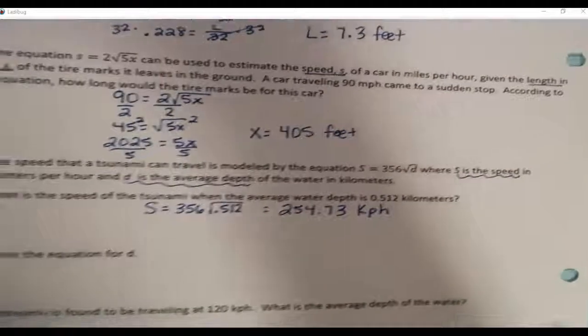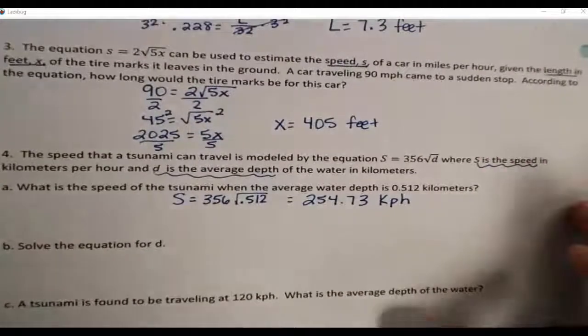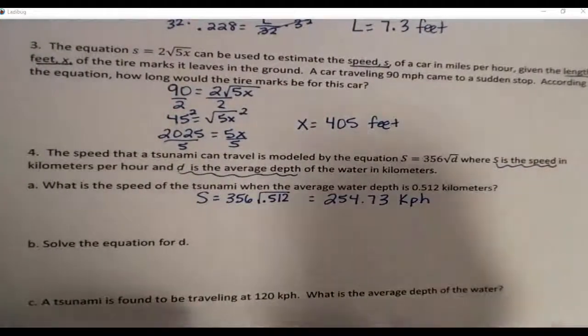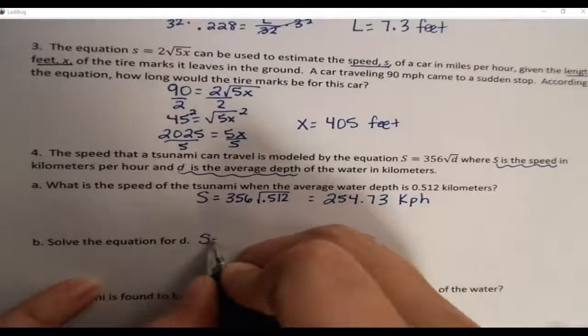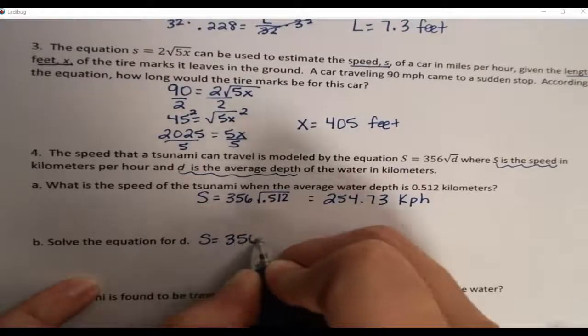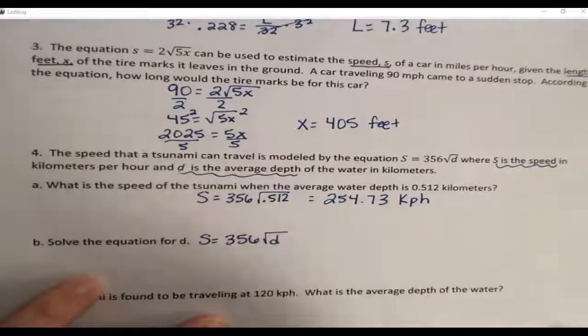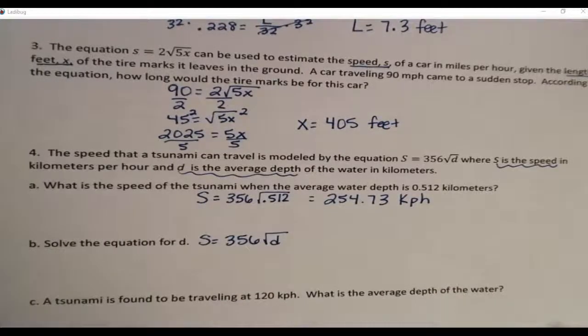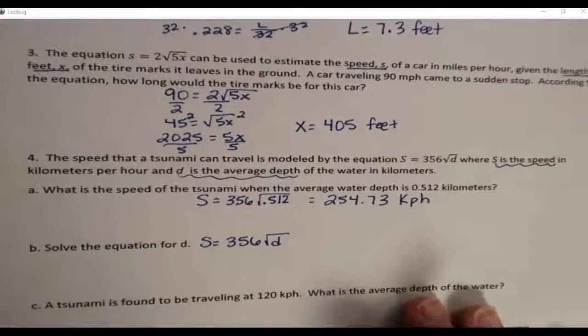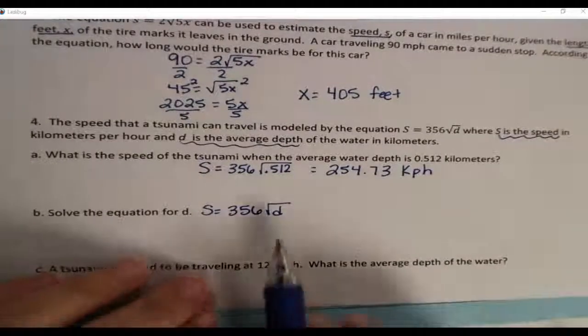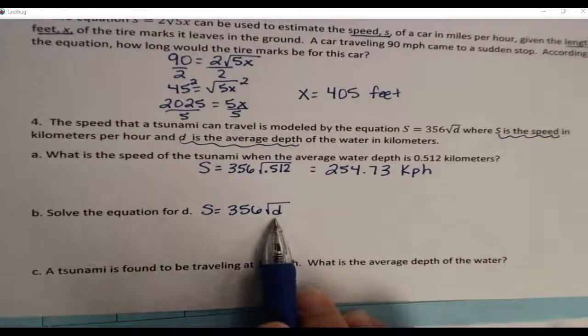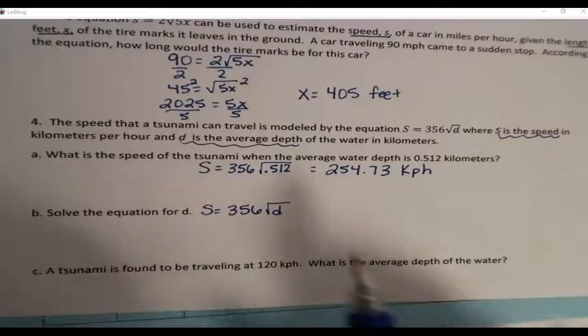Let's look at part B. So part B says we want to solve the equation for D. So if I have S equals 356 square root of D, if I wanted to solve for D, what would be the first thing that we would do? We would divide.